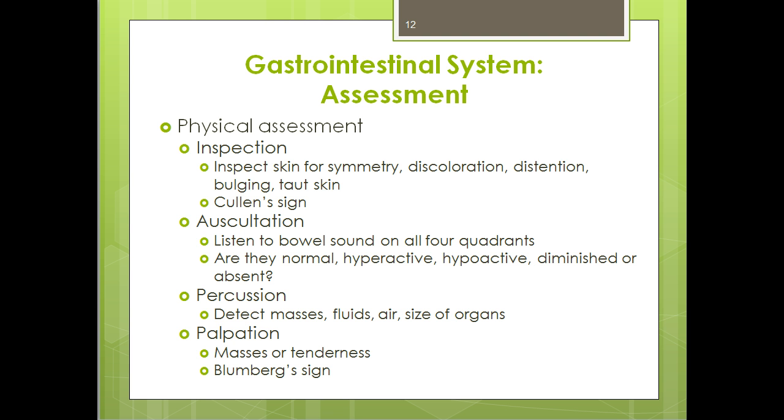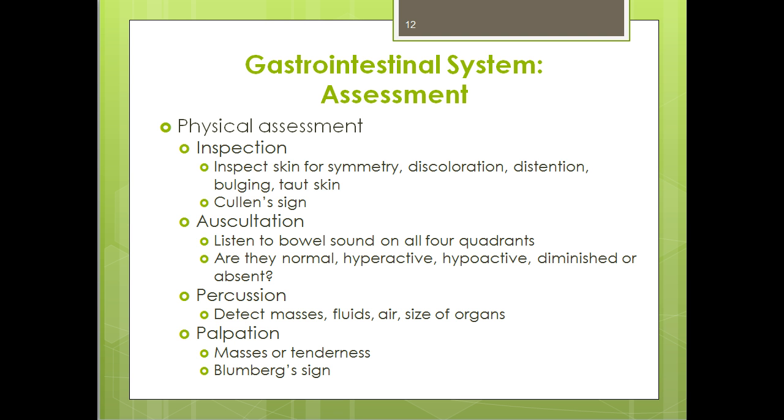Even though I gave you the systematic fashion for the exam, you always palpate that area last. If appendicitis or an aneurysm is suspected, then of course you're not going to do any type of palpation.